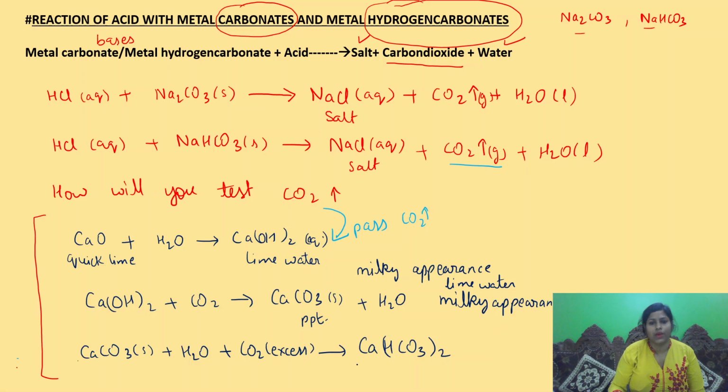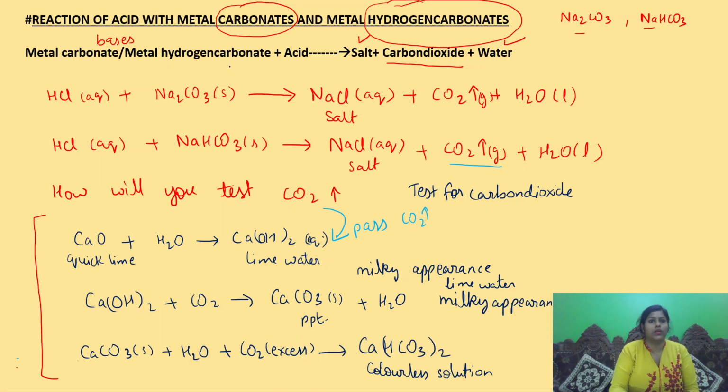You have to satisfy the valency, then the product will be right. Now this is colorless solution, right? So this was the test for carbon dioxide, which is released when we react metal carbonates or metal hydrogen carbonates with acids, right? So this reaction is complete.